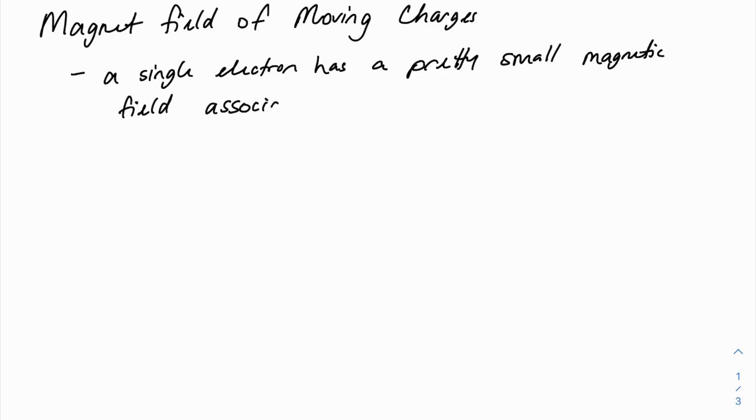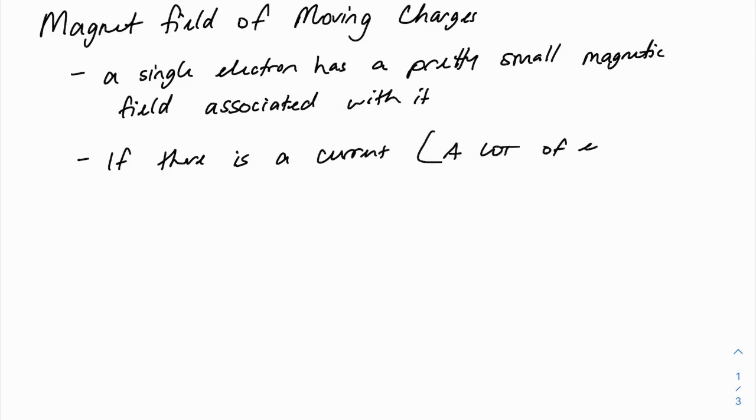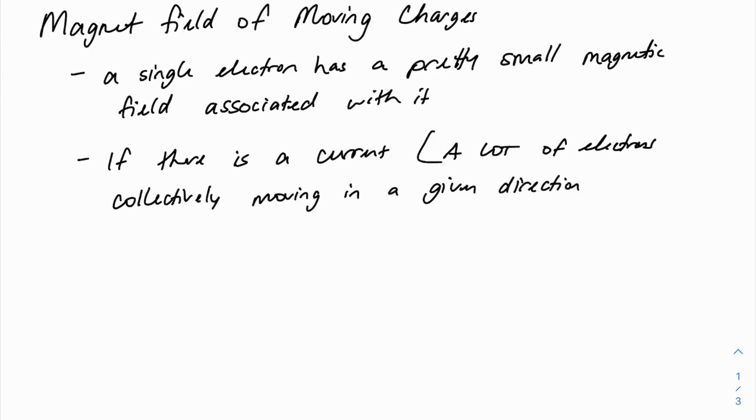But if you have a bunch of electrons, so if there is a current, which is a lot of electrons collectively moving in a given direction, then we notice a pretty large magnetic field associated with it.